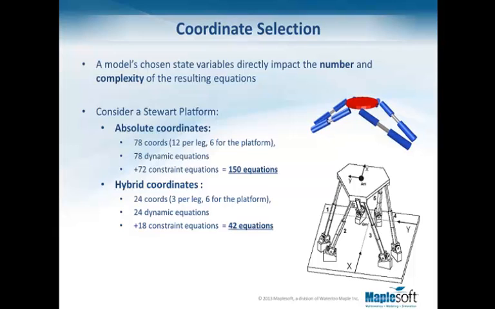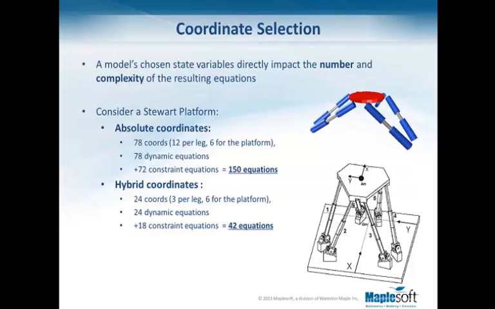And in this case, MapleSim, with the help of its underlying linear graph theory basis for selecting coordinates, will be able to select a hybrid set of coordinates, which end up being only 3 per leg, and 6 for platform, which result in 24 coordinates, and 18 constraint is added to it.